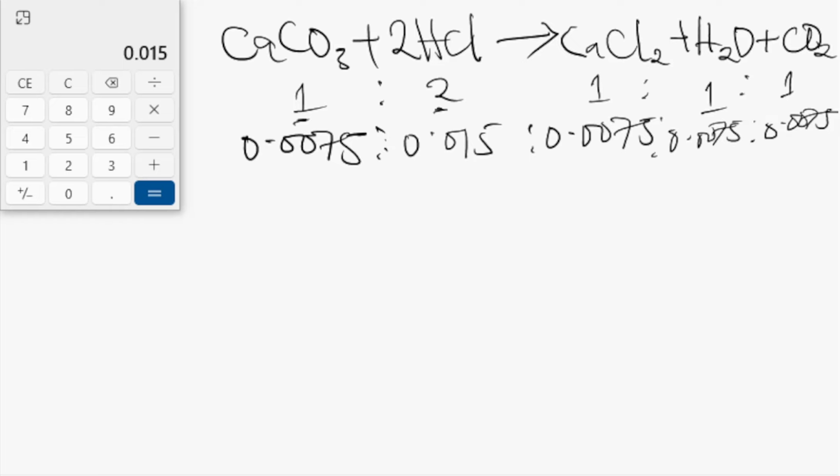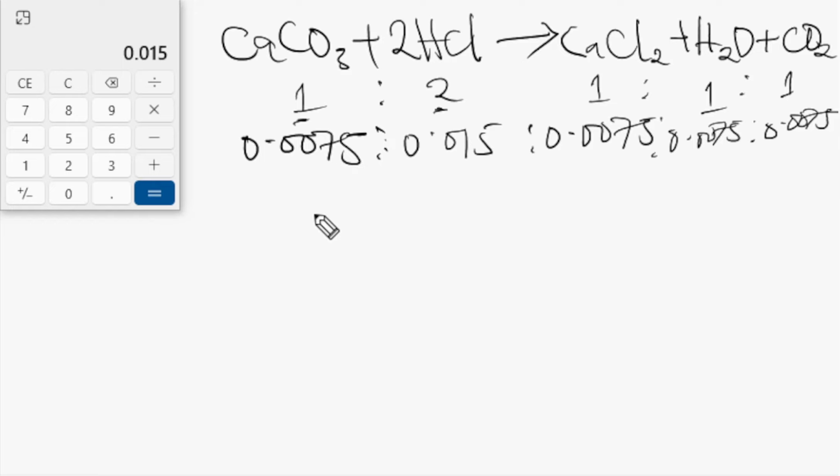So we are looking for the volume of gas evolved here. So guys, in order to get the volume of gas evolved here, the gas here will be the carbon dioxide, and guys, the carbon dioxide here is having 1 mole here, which corresponds to the 0.0075 mole with respect to the reaction.